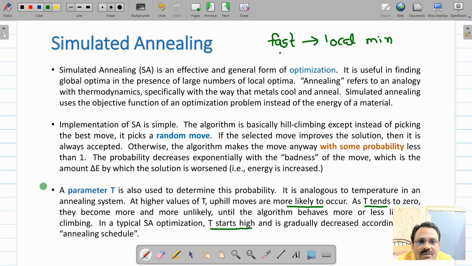If it is slow, then you will get the global minimum point. So annealing has to be slow.